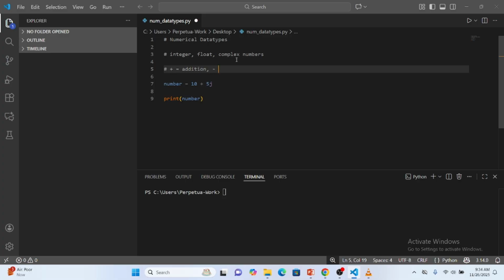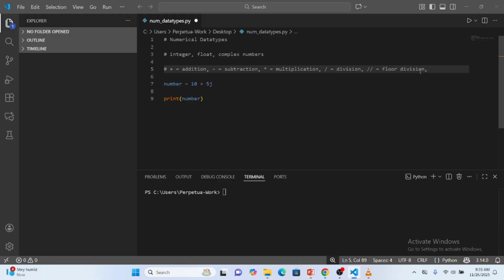the minus sign is used for subtraction, and we have the star character that is used for multiplication, the forward slash that is used for division, and the double forward slash that is used for floor division.